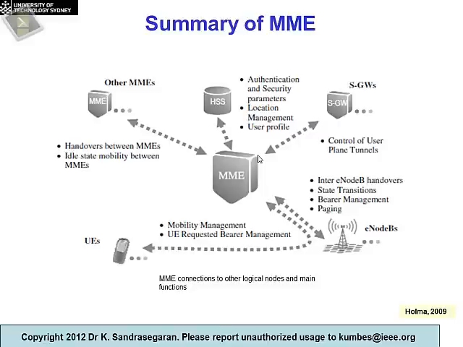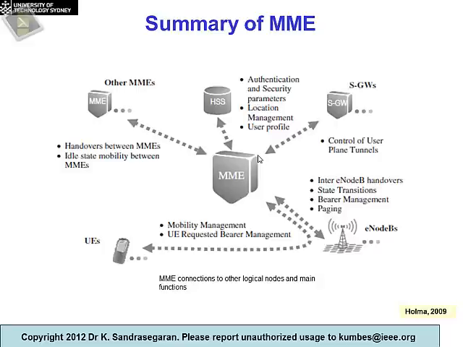Messages related to mobility management, and messages related to setting up a session or setting up a bearer for a user, all have to go between the UE and the MME via the eNode B. And there are also messages between the eNode B and the MME. When there are handovers from one eNode B to another, the MME has to be updated to say this is the eNode B that is now handling this particular UE.